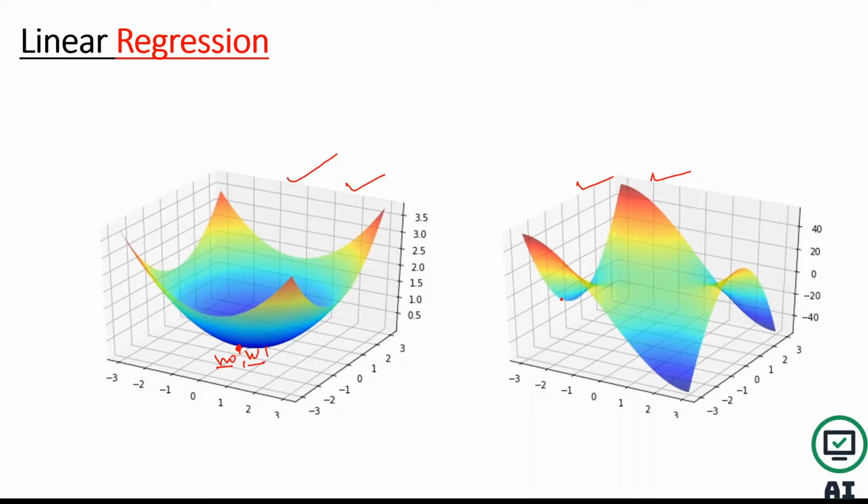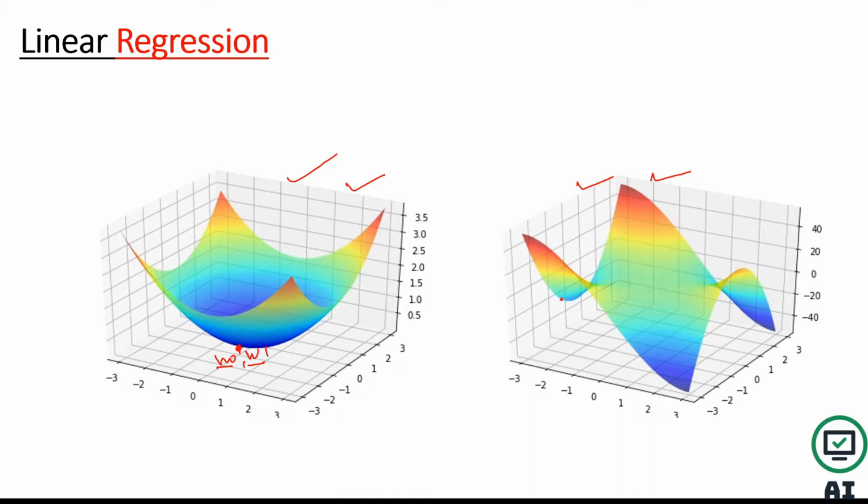So let us see whether the function which we have got is a convex function or not. To show that any function is convex, as we have seen in an earlier video, it is sufficient to know that the Hessian, the double derivative of that function, is positive definite for all possible values that W0 and W1 take.